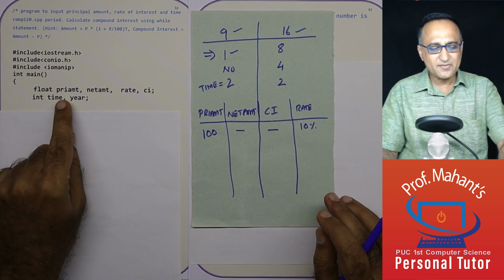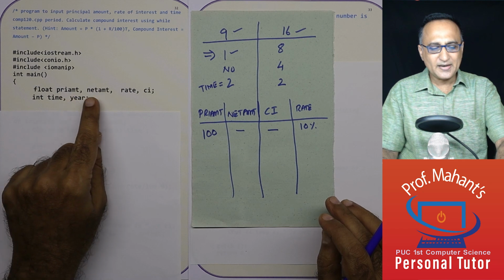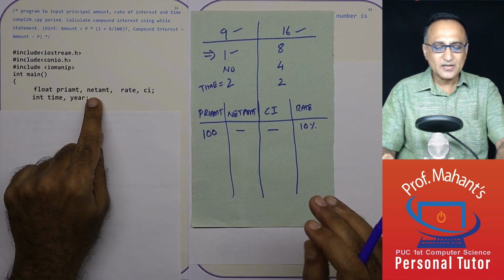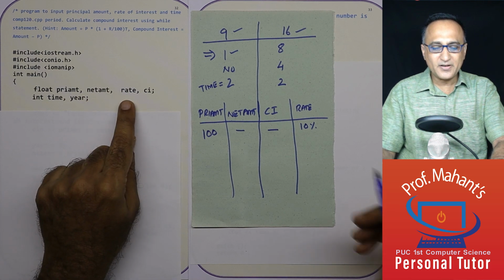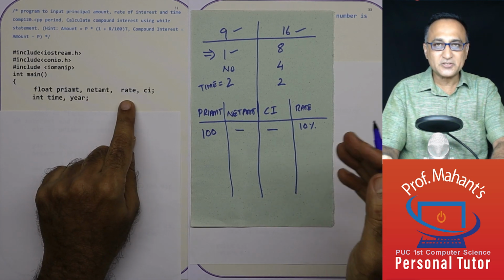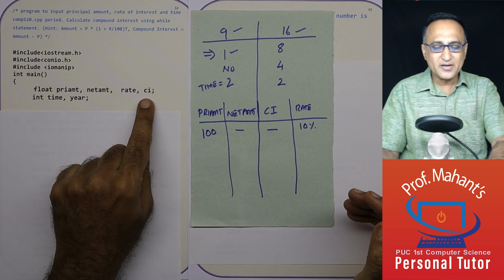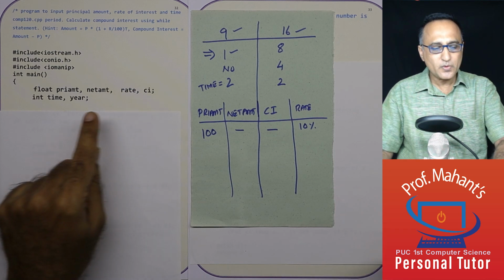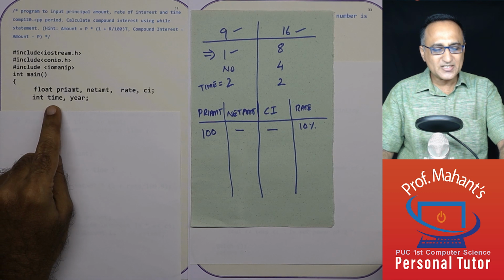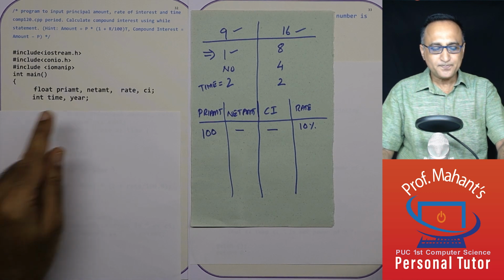So the variables I have are the principal amount; the net amount, which is going to be the compound interest plus the principal amount; the rate of interest, which is 10%, 5%, whatever it is; and the compound interest, which is the interest compounded. We will also take two more variables, time and year.